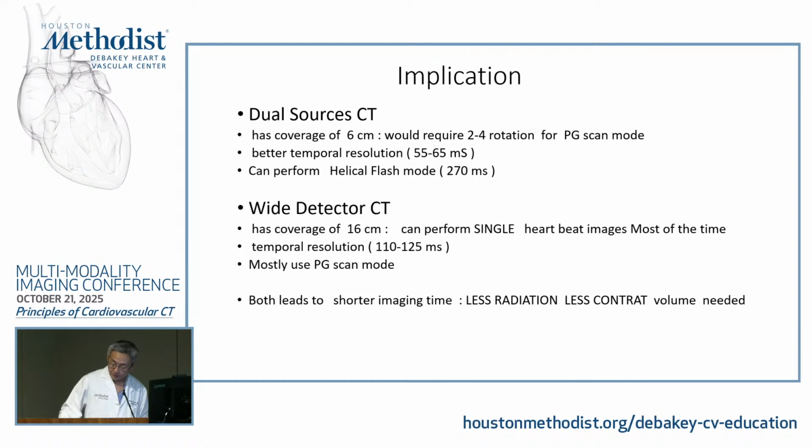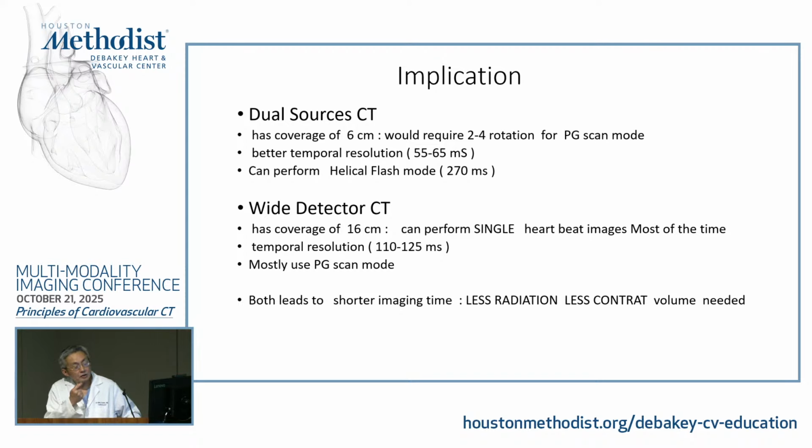So dual source has smaller coverage, therefore it is prone to step artifact when the heart rate is irregular, but we have better temporal resolution, which is the reason why the dual source scanner was invented. The wide detector has better coverage, 16 cm, in one single rotation.